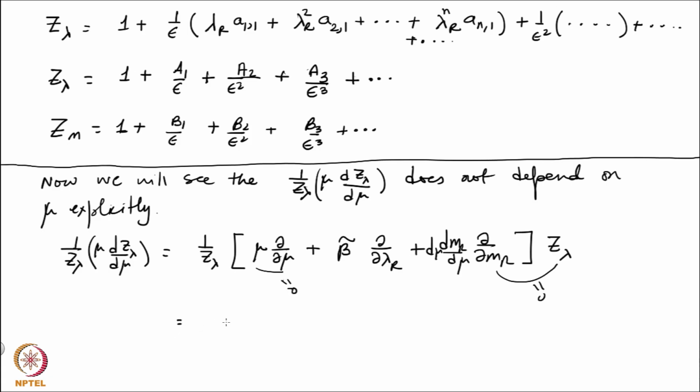So what we are left with is only this term. So you get beta tilde del z lambda over del lambda r times 1 over z lambda. Okay, so that's what you get.